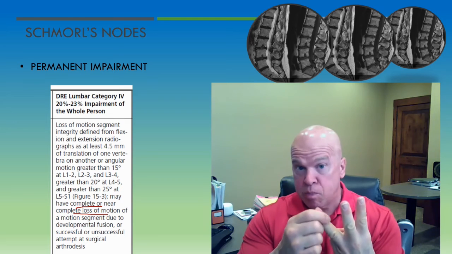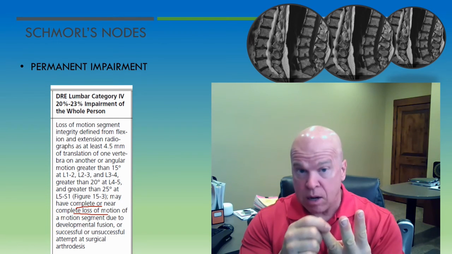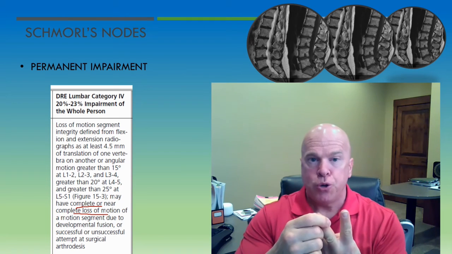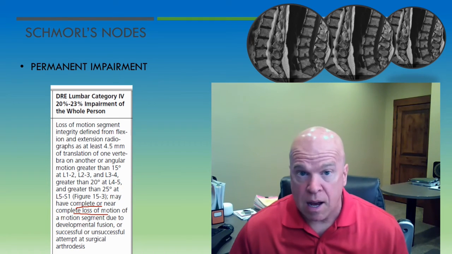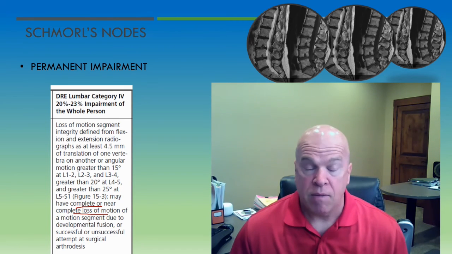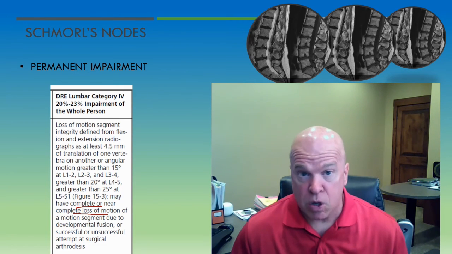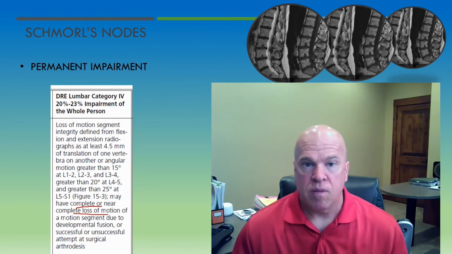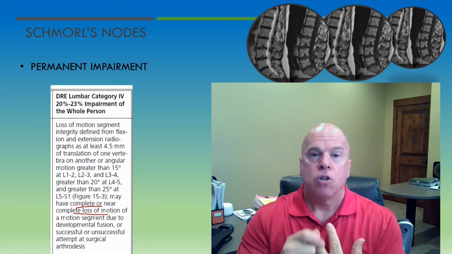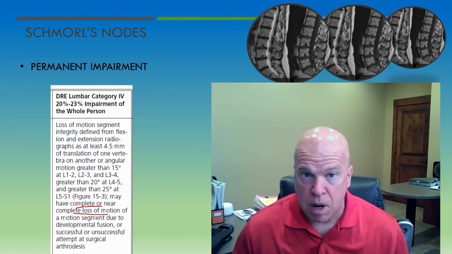One, there's a specific spine disorder, a spinal diagnosis that goes along with the rating. Two is your findings on range of motion testing. So in these examinees, they will have loss of thoracic spine range of motion and or loss of lumbar spine range of motion. That'll be your second consideration to go into your range of motion impairment rating.